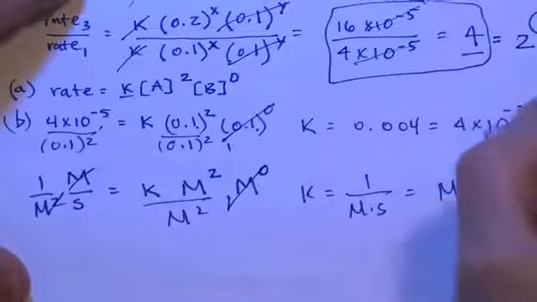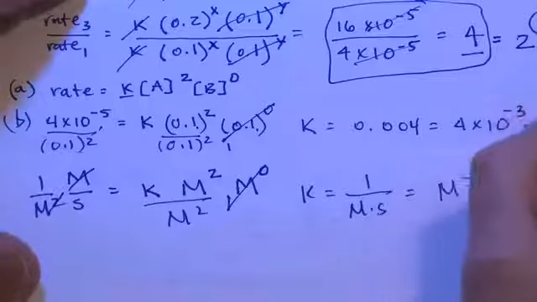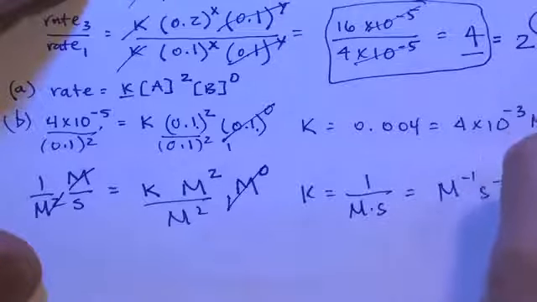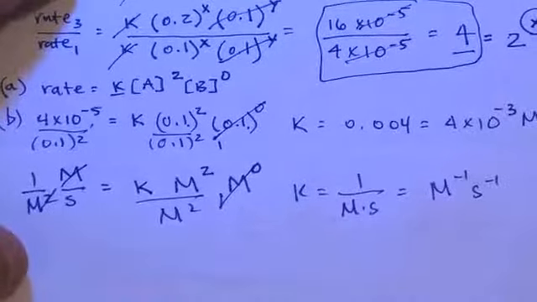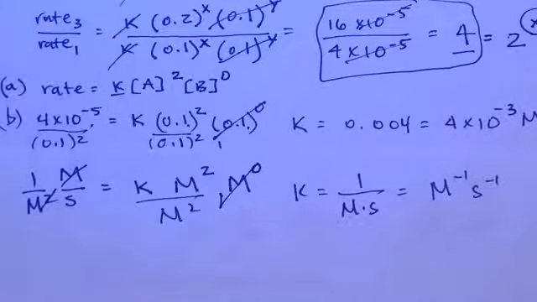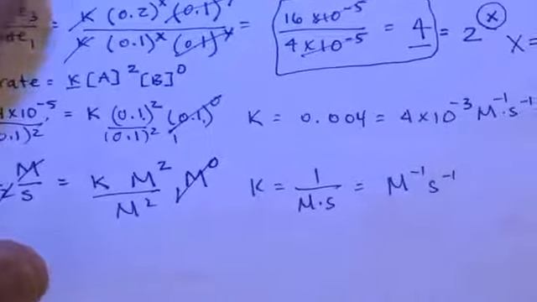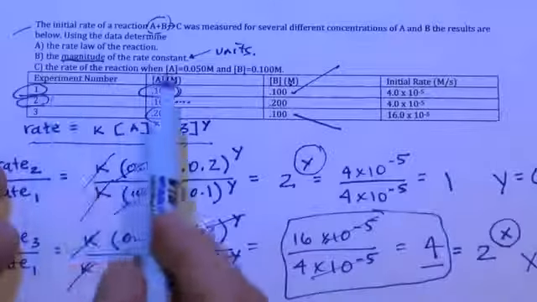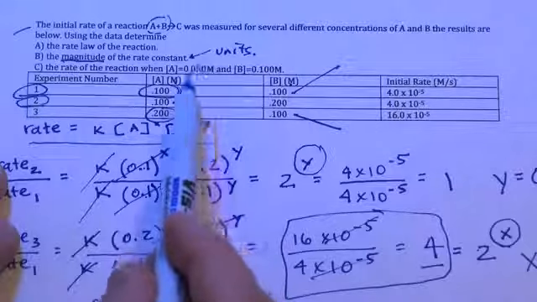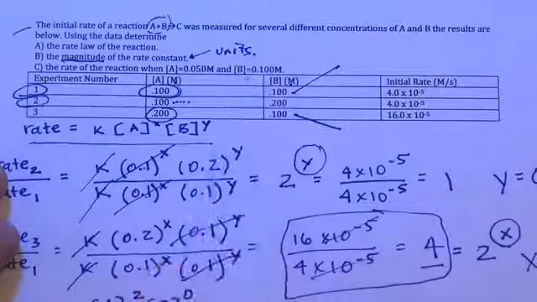And so up here on my k, 4 times 10 to the negative third is the magnitude. Molarity to the negative 1, seconds to the negative 1 is my units for that 4 times 10 to the negative third k. Lastly, letter C asked for the rate of the reaction when A is equal to 0.05 and B is equal to 0.1.